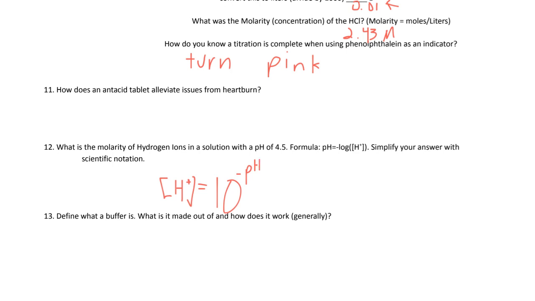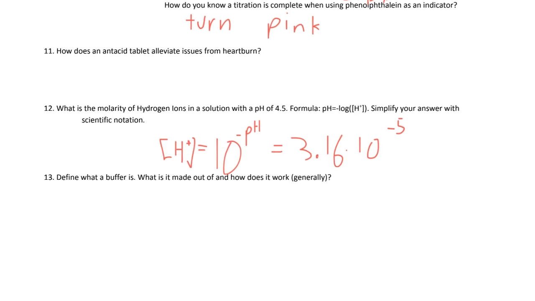So I'll plug in the 4.5 and then use my calculator to simplify. And I get 3.16 times 10 to the negative 5. My calculator gave me a number with a bunch of zeros, but I used scientific notation to move the decimal place to right after the 3, and I had to move it 5 times. So that's how we got the scientific notation.